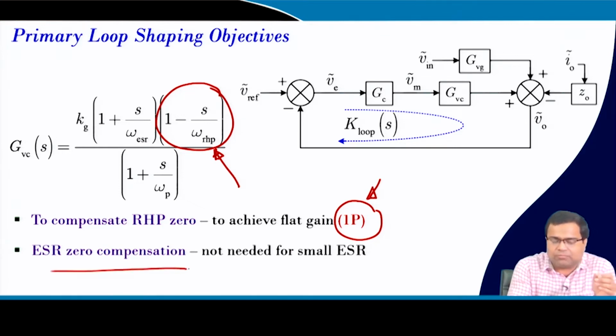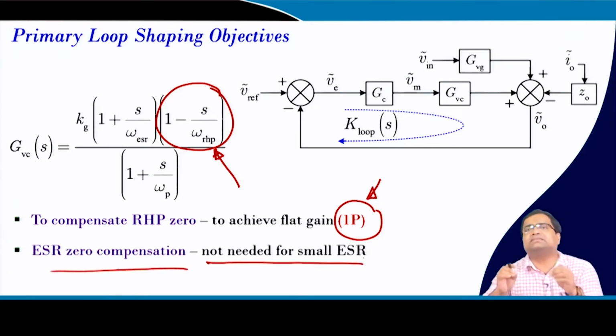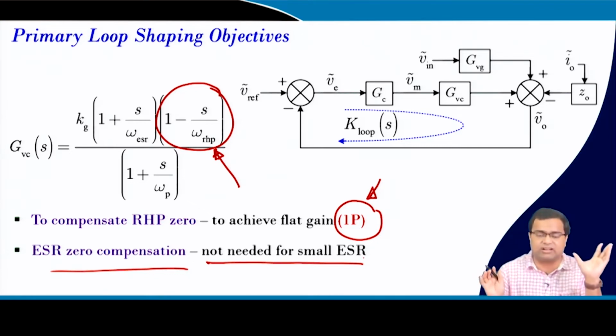Then ESR zero compensation is not needed if the ESR is very small. In fact, I will show you the case study where we took some ESR, but still the model matches accurately because the ESR is low.